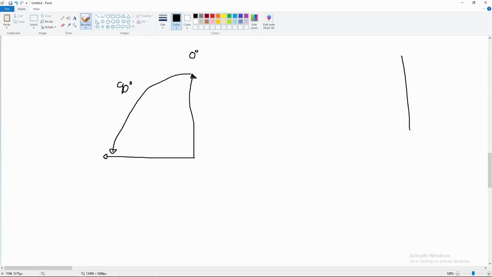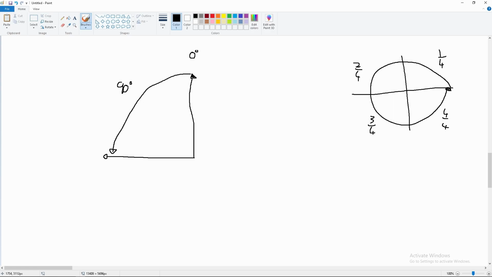The reason why it's a quarter is a full 360. So that's a 360. This is one quarter, this is the second quarter, this is the third quarter, and this is the fourth quarter. So in terms of fractions, this is the fourth, the second, the third, and the fourth quarter.